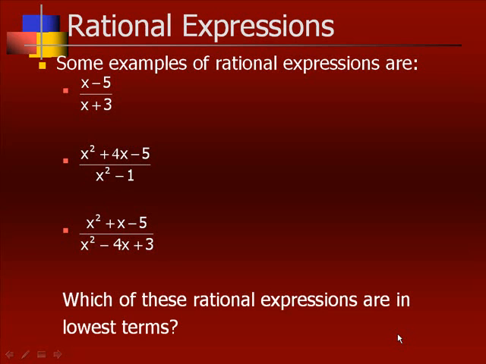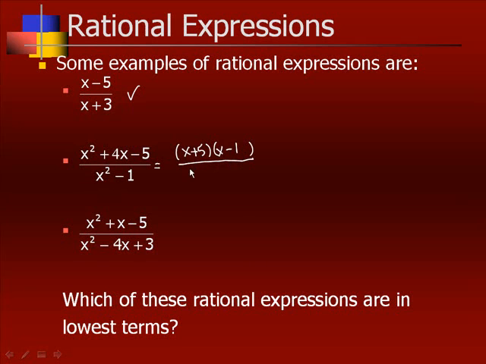Now, which of these rational expressions are in lowest terms? Well, x minus 5 over x plus 3, neither of those will factor, and so the GCF is 1. Now the second one, x squared plus 4x minus 5, in factored form, that would be x plus 5 times x minus 1.